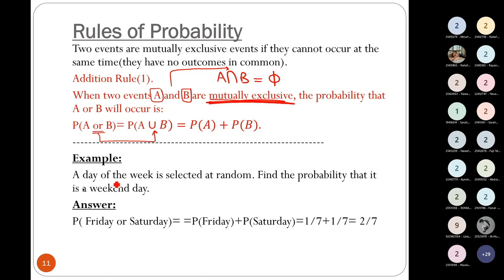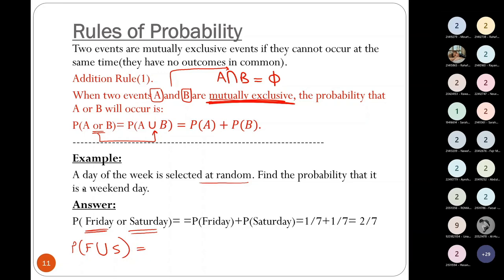Look at this. A day of the week is selected randomly. In the week, we have 7 days. Find the probability that it is a weekend day. Weekend day means Friday or Saturday. So we need to find the probability of Friday union Saturday. Do we have any intersection between Friday and Saturday? No, this is mutually exclusive.